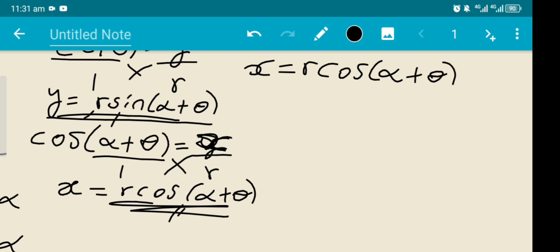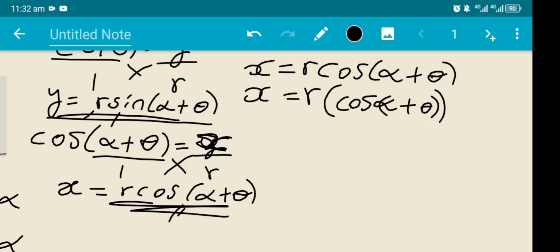Remember, take this as your a, take this as your b, and then let's do what we did at the beginning of the video. I kindly ask you to pause the video and try to rearrange this, factor out the r. For now, do not focus on the r, just focus on the alpha and the theta. So in fact, let's factor it out. So this is r, then this will be cos alpha plus theta, okay, like that.